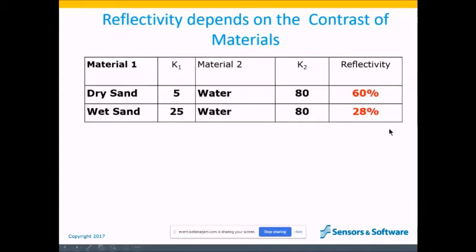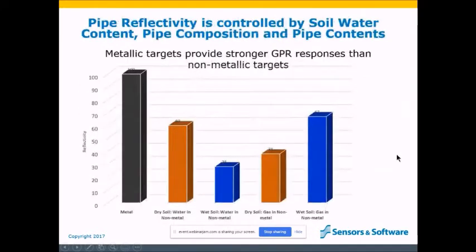So here are the numbers. 60% reflectivity in the dry sand situation, 28% reflectivity in the wet sand situation. It is going to be easier to find a water-filled non-metallic pipe in a dry soil than it will be in a wet soil. Here is everything we just talked about on one slide.